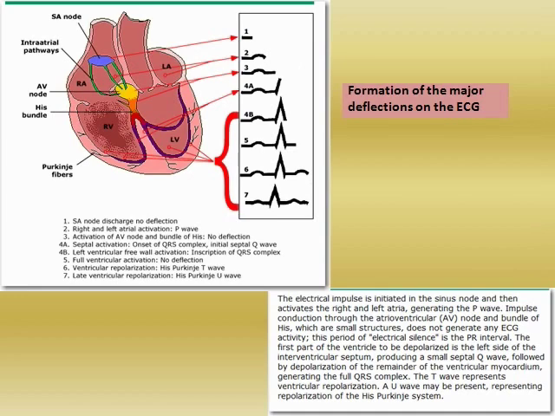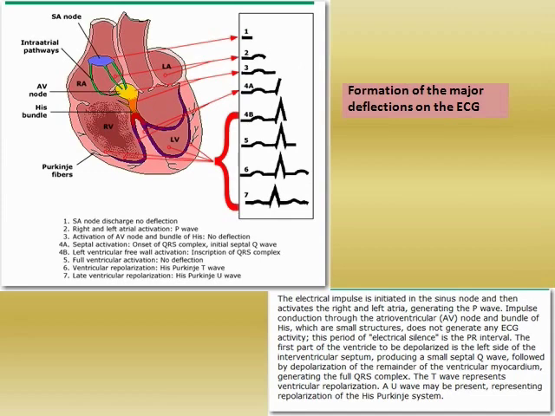Then number 4A and B are there. 4A is septal activation, which is the onset of QRS complex, and that produces the initial septal Q wave. 4B is the left ventricular free wall activation, which is the inscription of the QRS complex. Then number 5 is full ventricular activation, which produces no deflection.